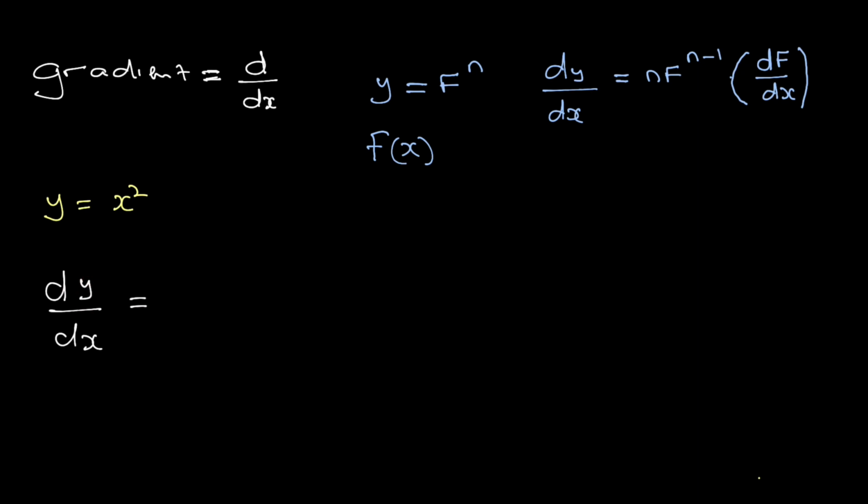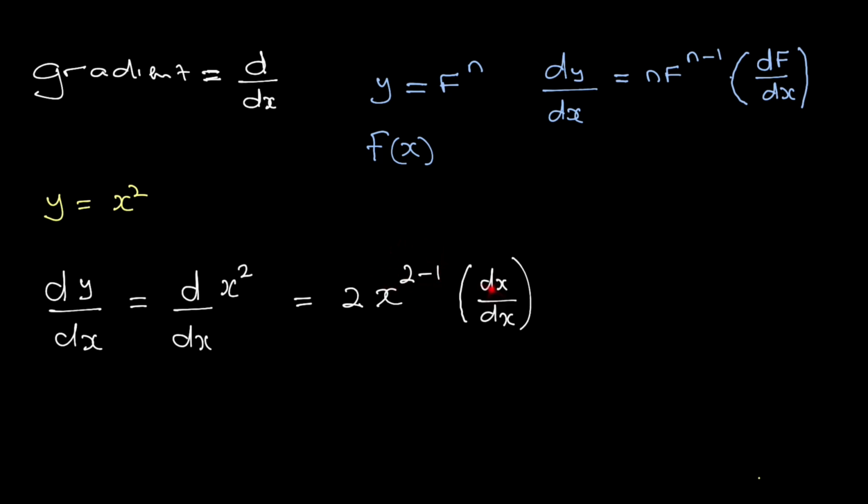And that will be equal to, we bring the 2 down, that's a 2, and then x, which is f, then 2 minus 1 in the exponent, times dx/dx, because x is f. The dx/dx is 1, so we're going to get 2x to the power 1.